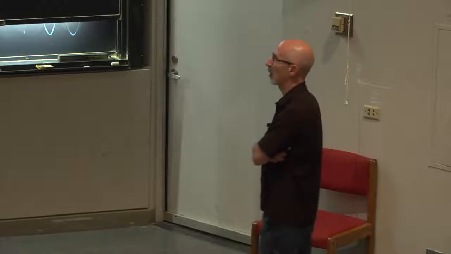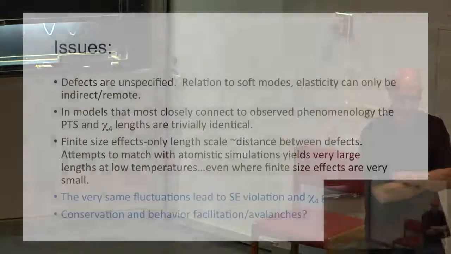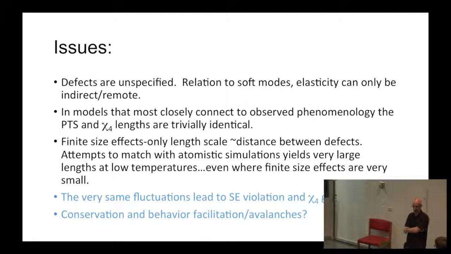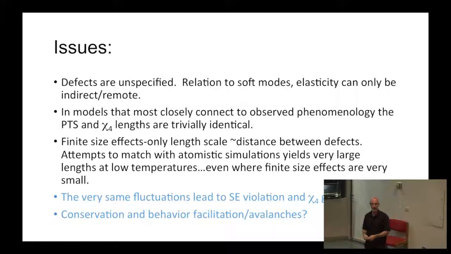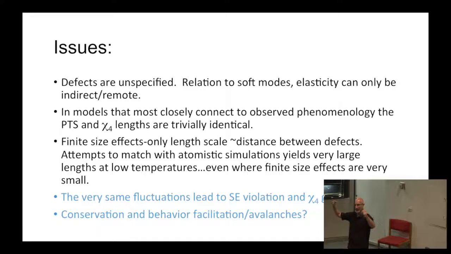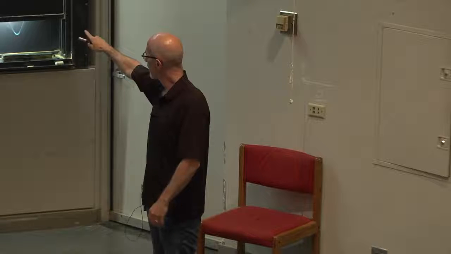In the models, and I won't go into this now, the models that are most closely connected with the phenomenology of glasses, the point to set length scale and the chi-4 length scale actually are the same. And Ludovic is looking funny, but I'll explain what I mean. If I take a model like this model, which is called the East model, this is the preferred model of people that advocate for facilitation being fundamentally important in these systems.